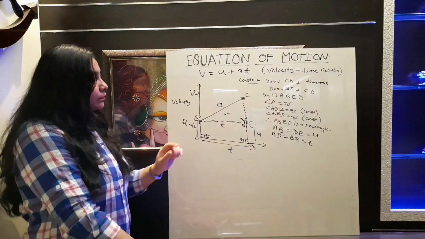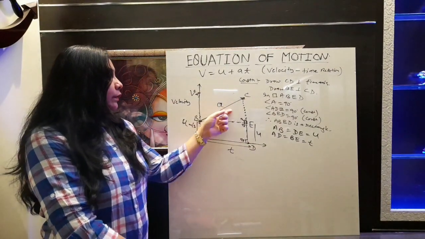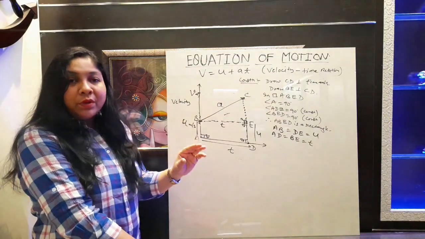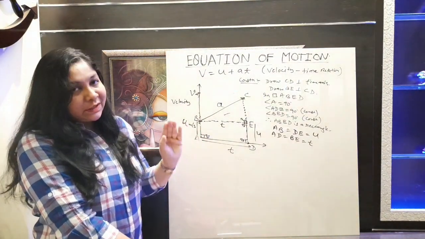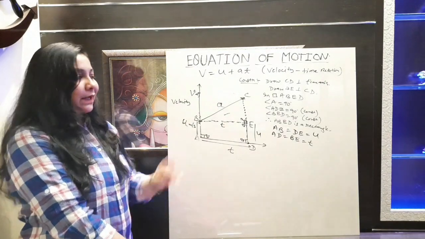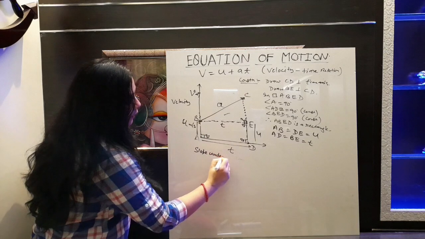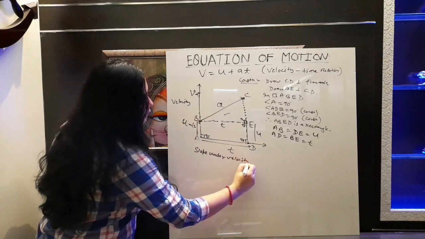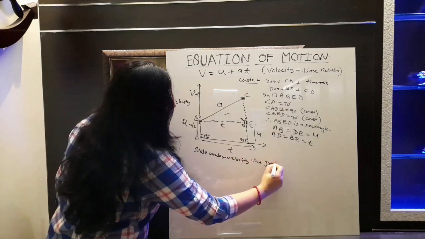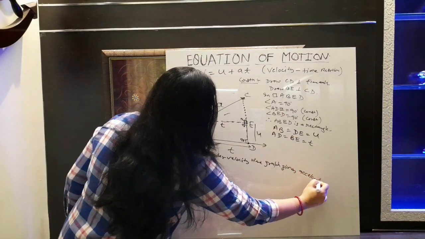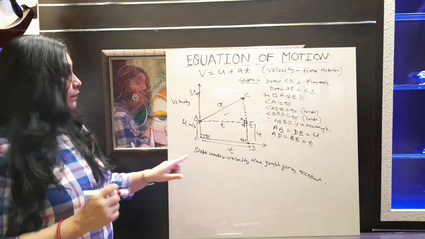Now this is the slope that we got from the velocity-time graph, and we know the slope under a velocity-time graph gives acceleration. I am going to write here: the slope under a velocity-time graph gives acceleration. This is a very important point.